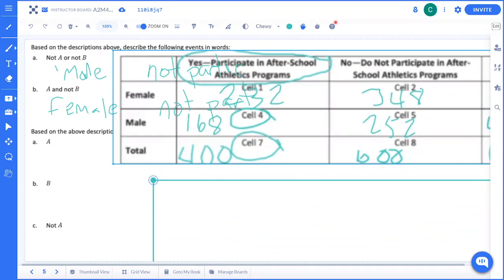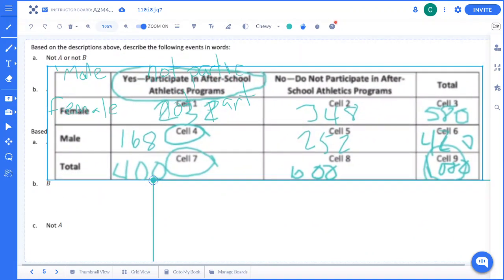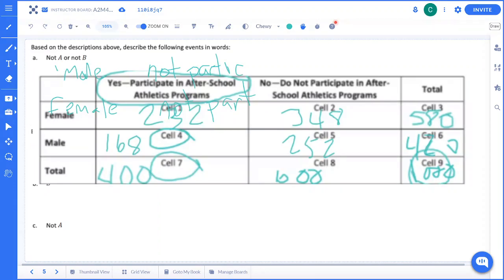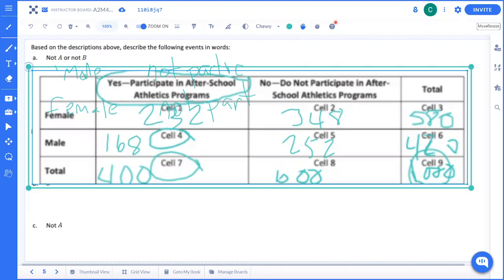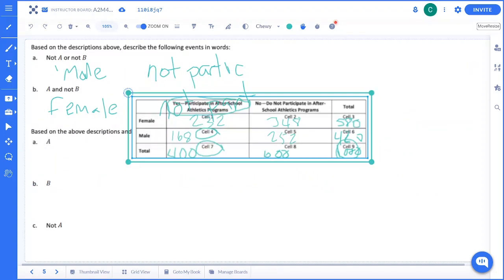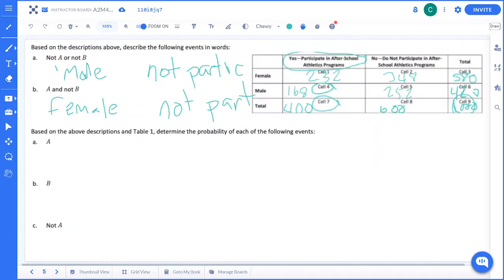Alright, so A is going to be simply the female. That's all we're looking at, the total female, the probability that we would pick a female. So if we look at that, all we have to look at is cell 3, because that's the only thing that's talking about the female.